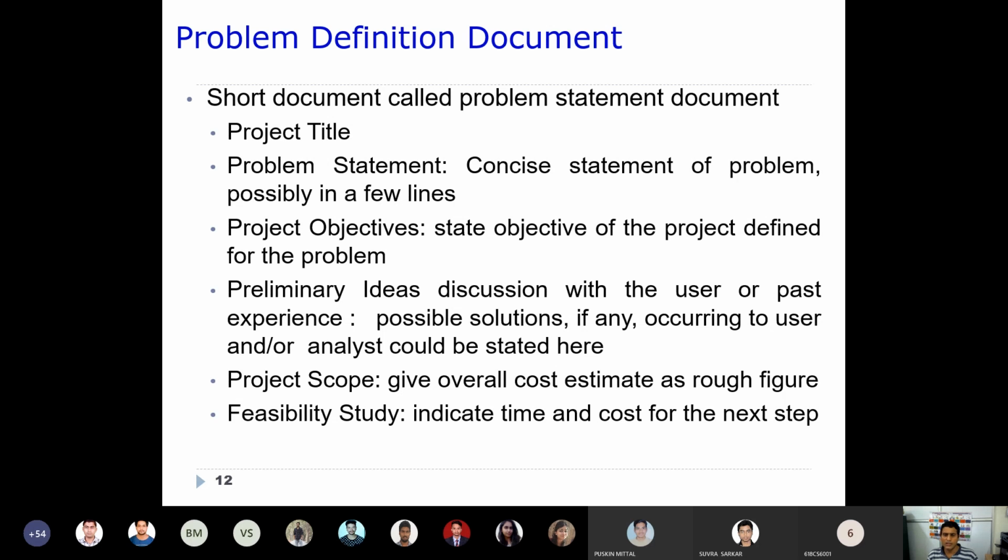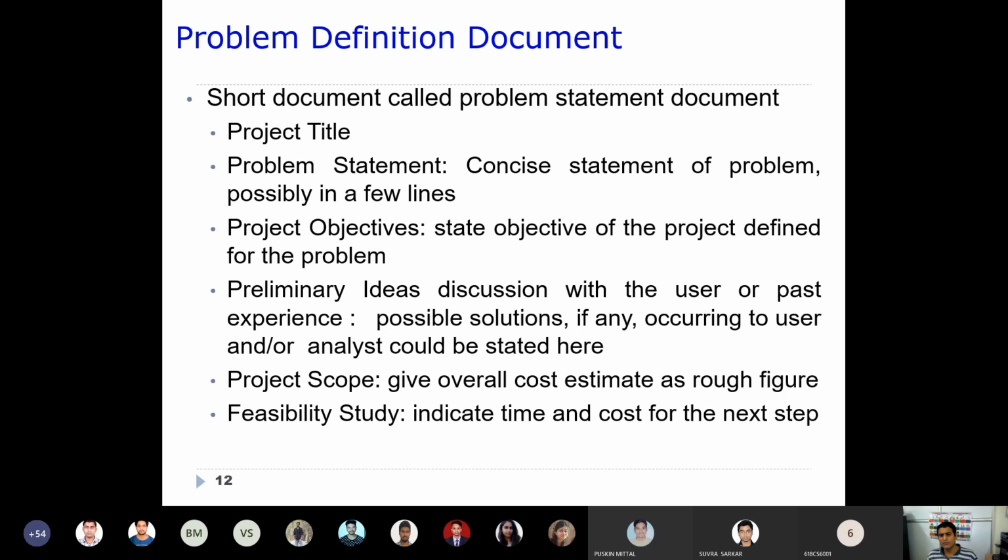If you have any possible solution available based upon past experience, then in discussion with the user or the management, you need to state it in this particular section.